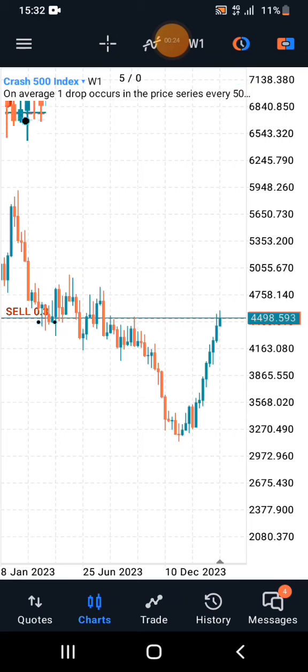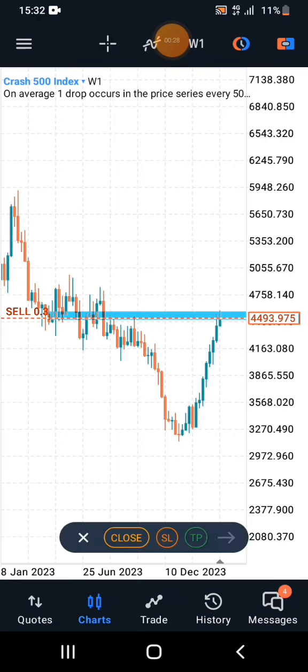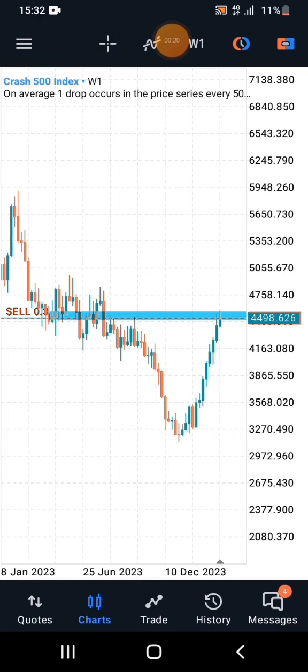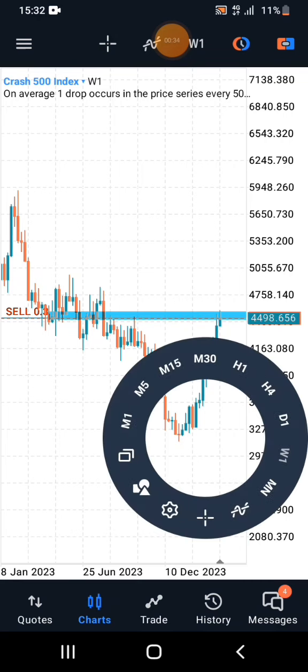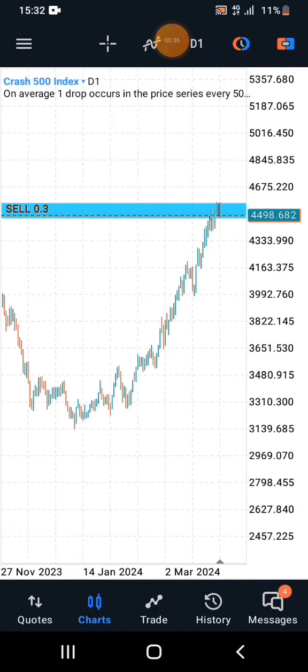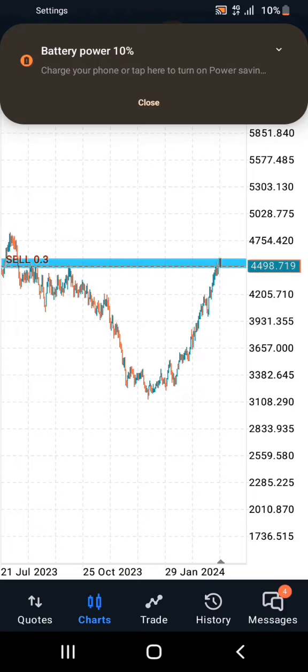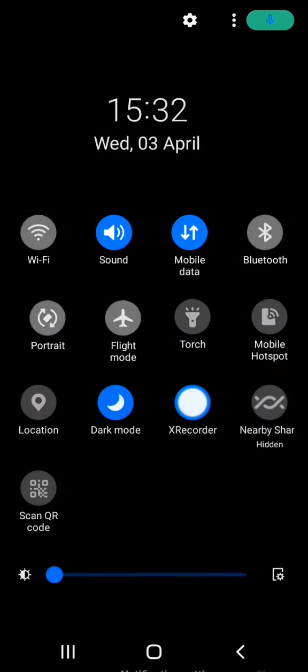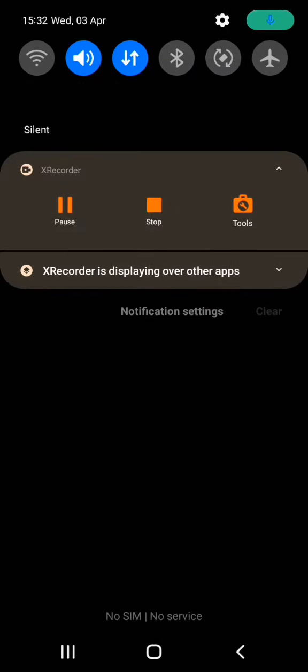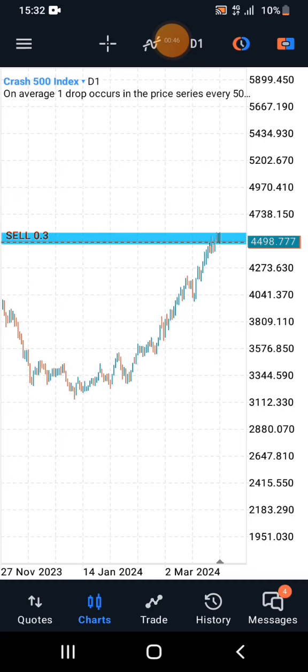We have this area here of major support and resistance, and the market was rejected. You can see this on a weekly time frame, and then on a daily we can see the market, it seems like it's making a few rejections up there.